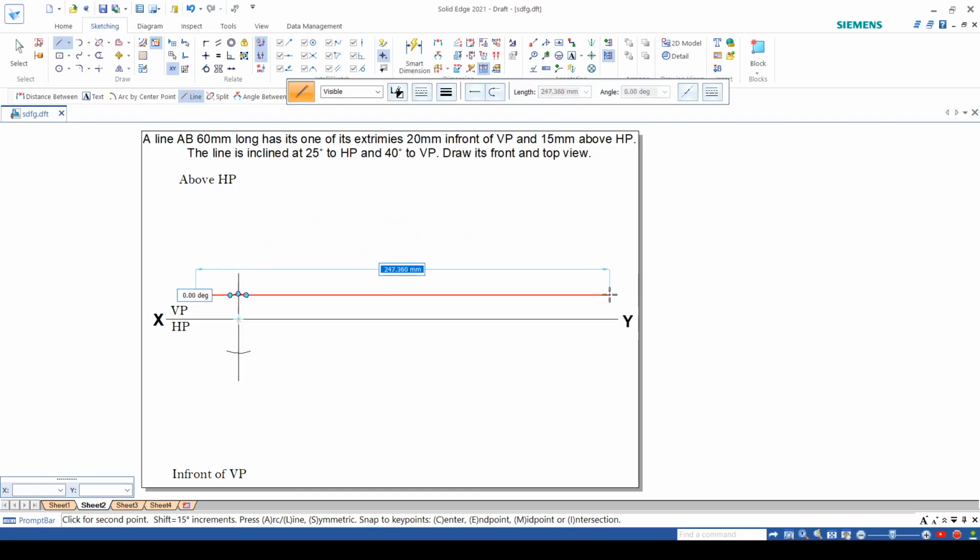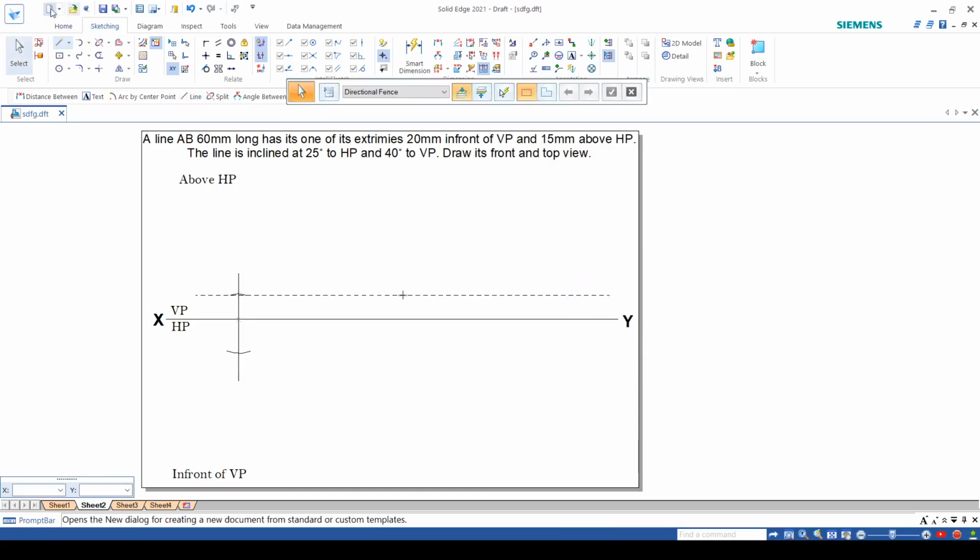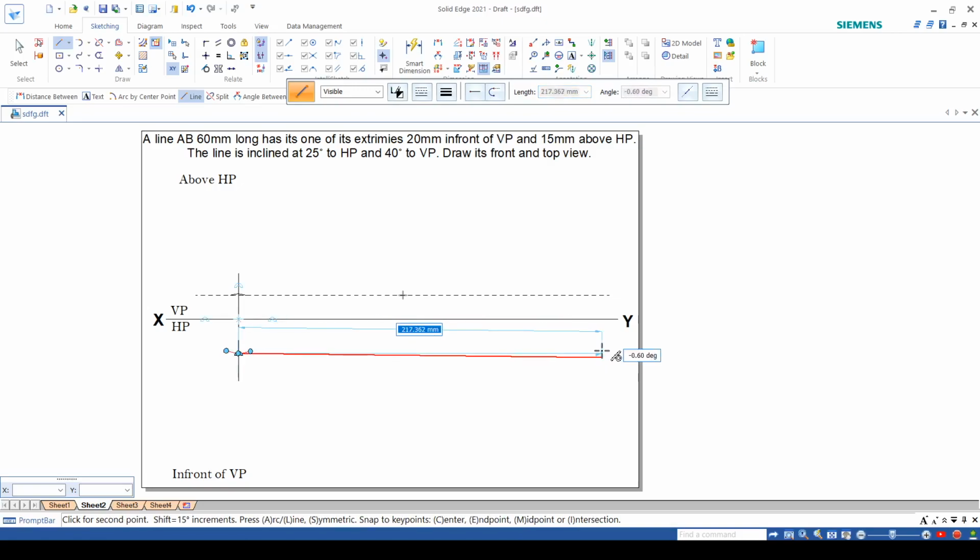So this is 15 mm, and one for this side also. Okay, from this side.